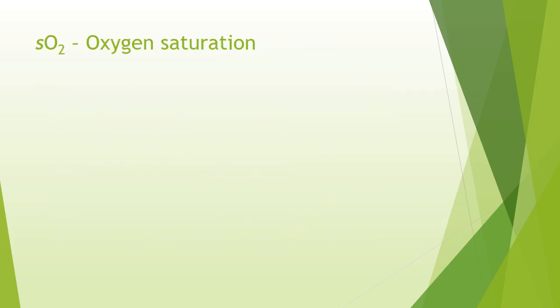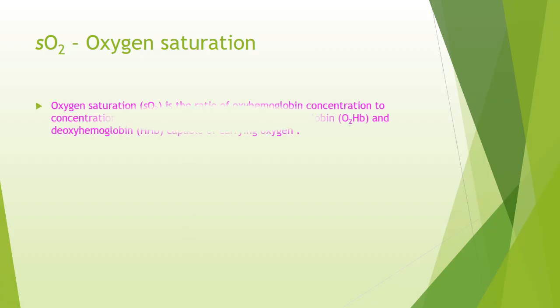Next we are seeing the oxygen saturation. The oxygen saturation is the ratio of oxyhemoglobin concentration to the concentration of functional hemoglobin, that is oxyhemoglobin O2HB and deoxyhemoglobin HHB. These are capable of carrying oxygen.